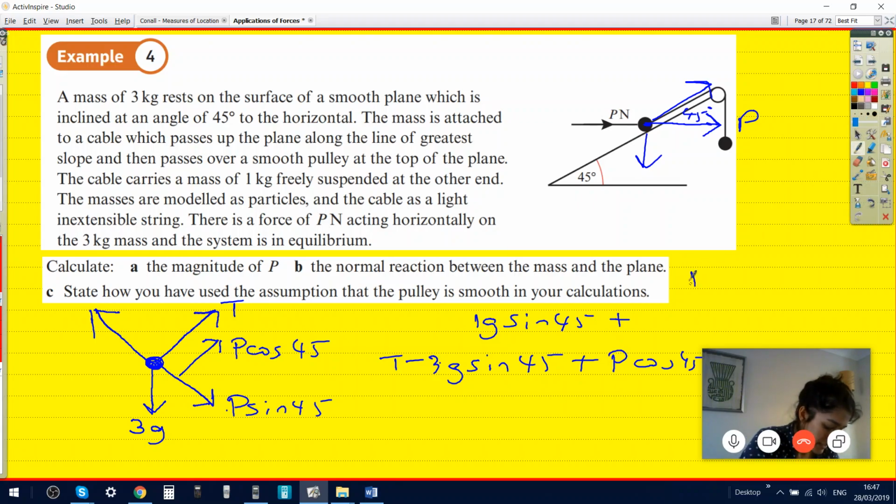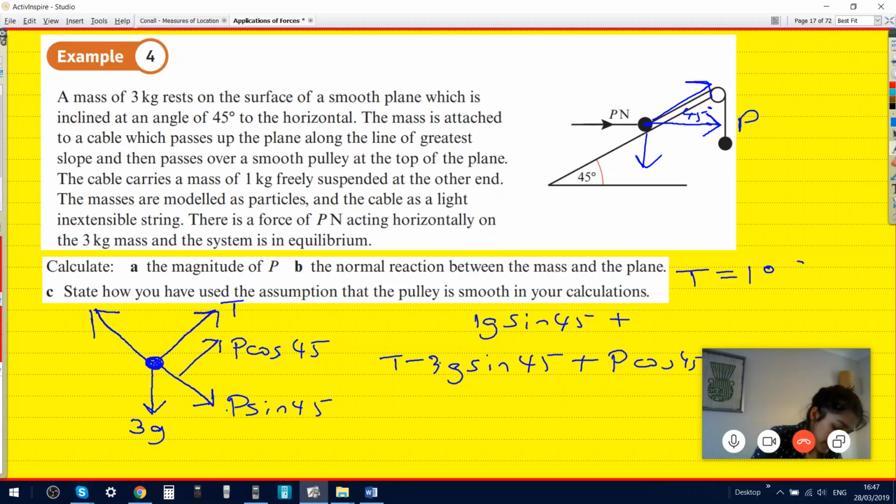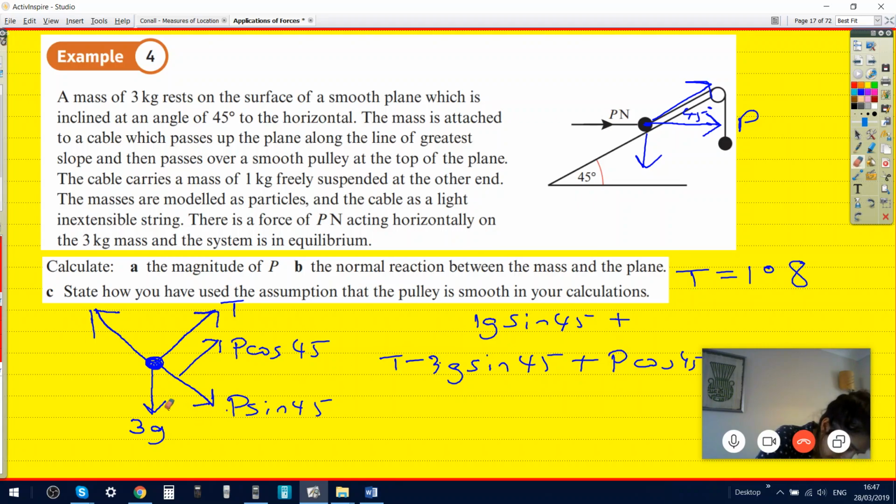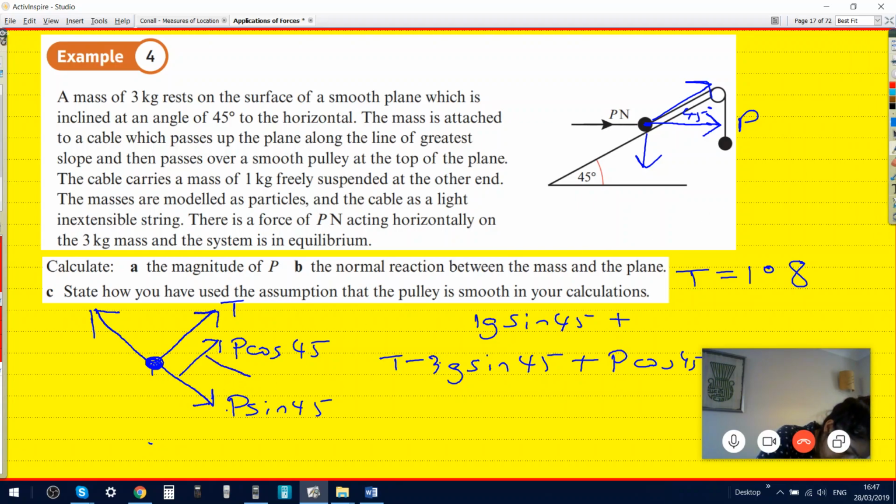Then you put that into this equation, because T minus 3g sin 45 plus P cos 45 equals 0, so P cos 45 equals 3g sin 45 minus 9.8. So P equals 3g sin 45 minus 9.8 over cos 45.